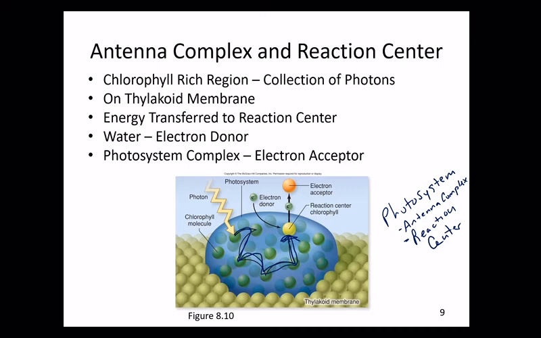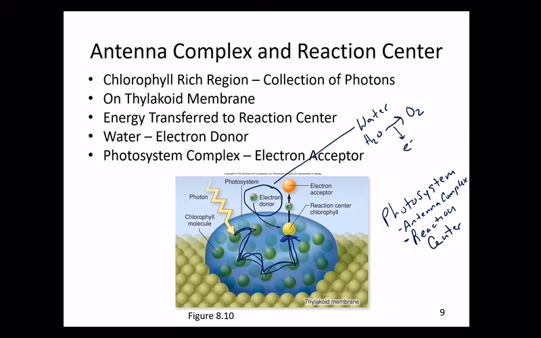Okay. One last note that I want to make about this is that we're going to see in this particular process that there needs to be an electron source. And so where we have the electron donor here, for the overall process, water will serve as the electron source. And if you remember from our overall reactions we talked about, it was the water that was being oxidized to oxygen that's going to be the source of electrons.